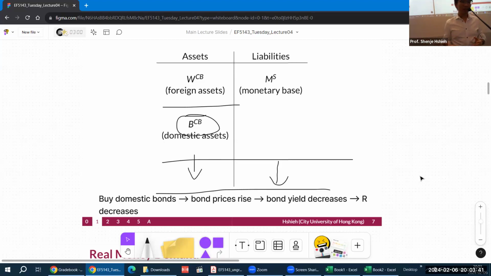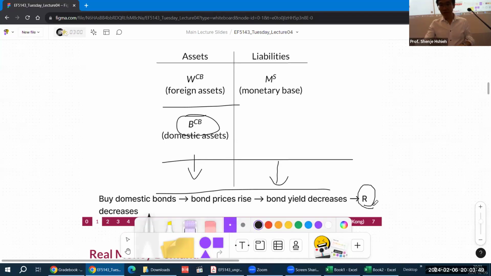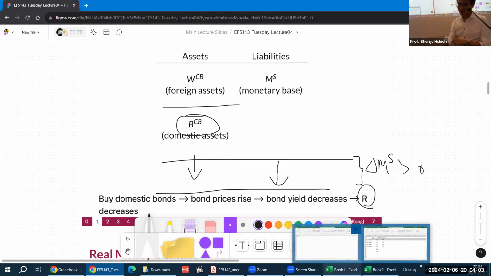And as bond yields decrease, the return of holding these assets decreases, and as a result, interest rates decrease. And that's how you get lower interest rates and easier credit, right? So this is a positive change, right? Let's make sure.